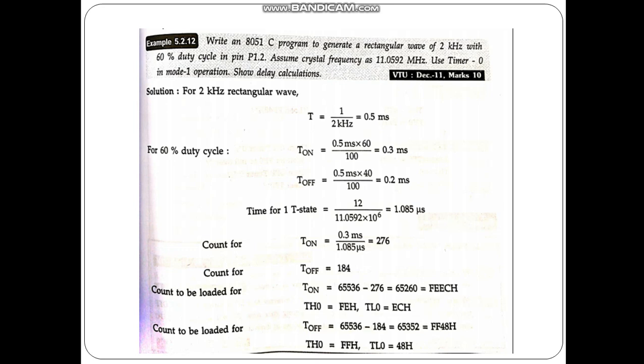These values are obtained by using the formula discussed earlier, that is, the value to be loaded into THTL is equal to the maximum value in that particular mode plus 1 minus n. So we have performed many calculations in order to calculate the value that has to be loaded into THTL. Next we'll write the program.